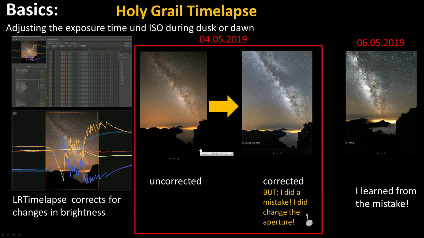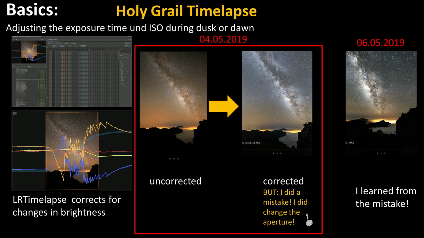Okay, and now I mentioned several times the word Holy Grail. Holy Grail time lapses are time lapses where you adjust the exposure time and the ISO during shooting during dusk or dawn. So during dusk or dawn, when you start, for example, at daytime and you go into the night, then you have orders of magnitude of brightness that you're losing from daylight to night.